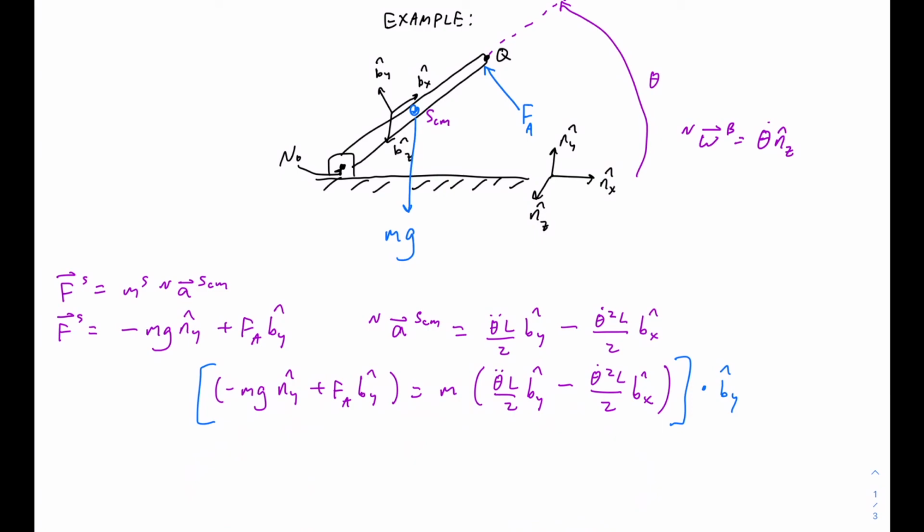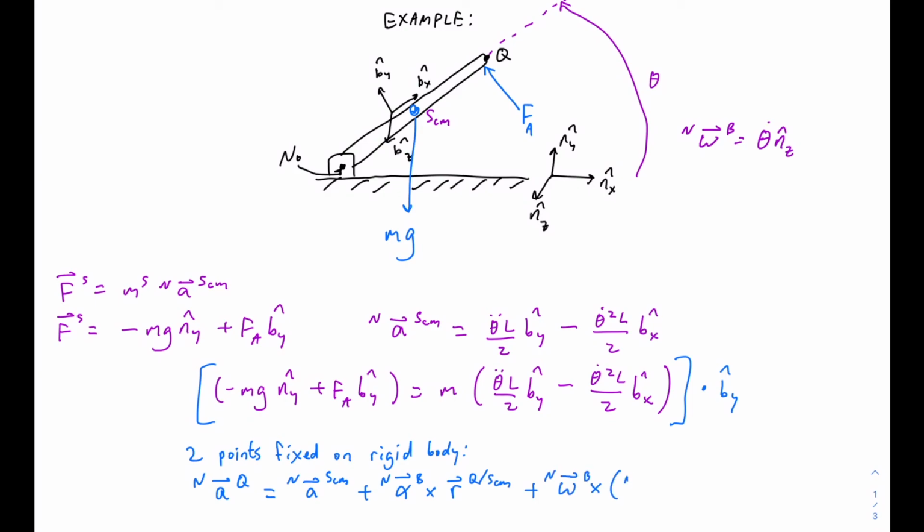I'll skip the detailed derivation, but here's an expression for the acceleration of Q in terms of the center of mass, given that both points are fixed on the same rigid body. Here, alpha is the angular acceleration vector, and the position vector is from the center of mass to the point Q.